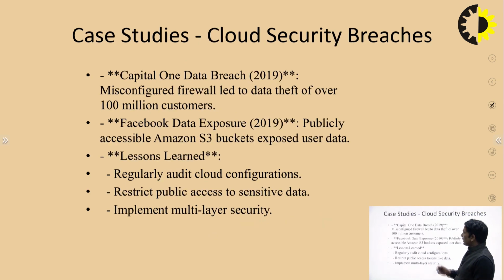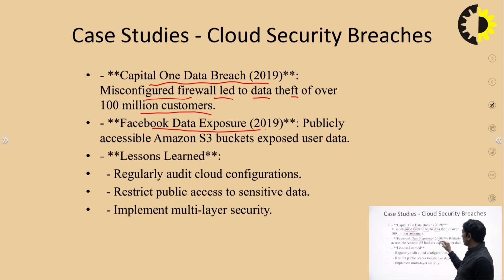There are some case studies of cloud security breaches, like the Capital One data breach that happened in 2019. A misconfigured firewall led to data theft of over 100 million customers. This is the case when proper configuration of security is not there in the system.